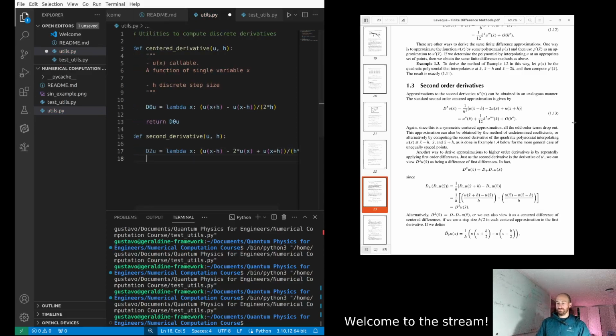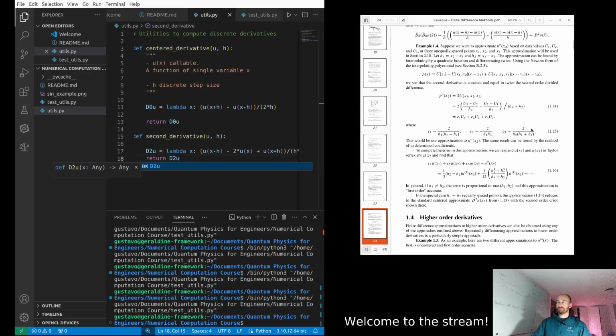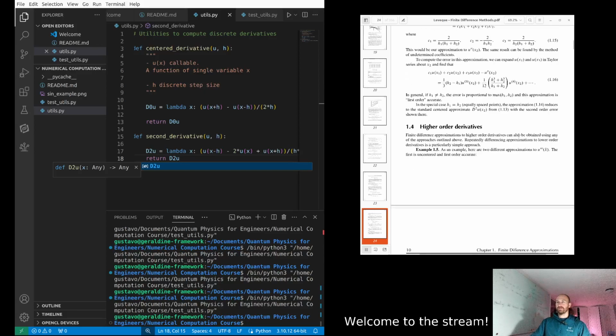We can return d2u as an executive. So now we can also use it to compute the derivative. And that was very easy. I hope that was very clear.